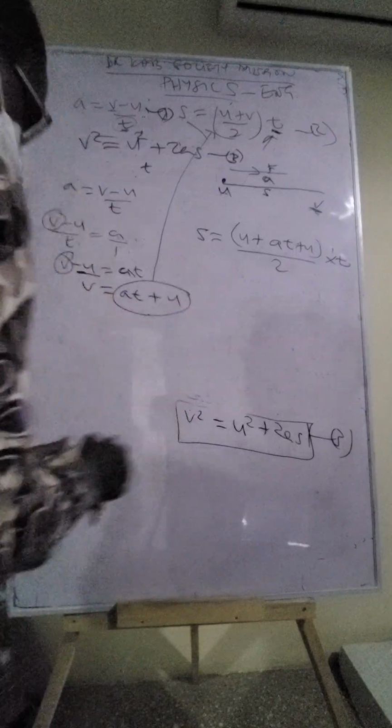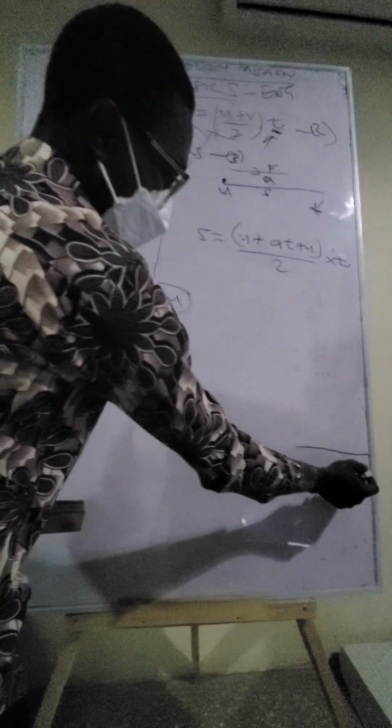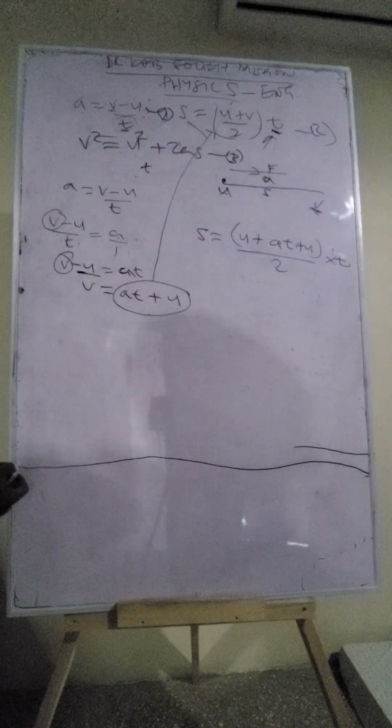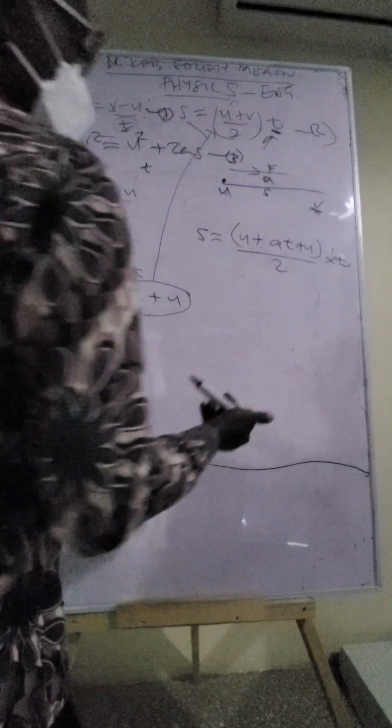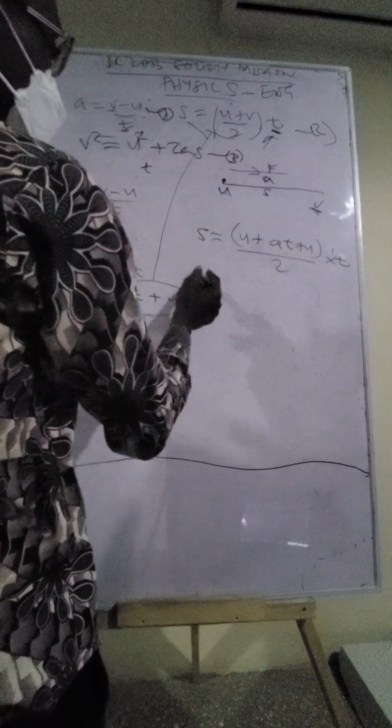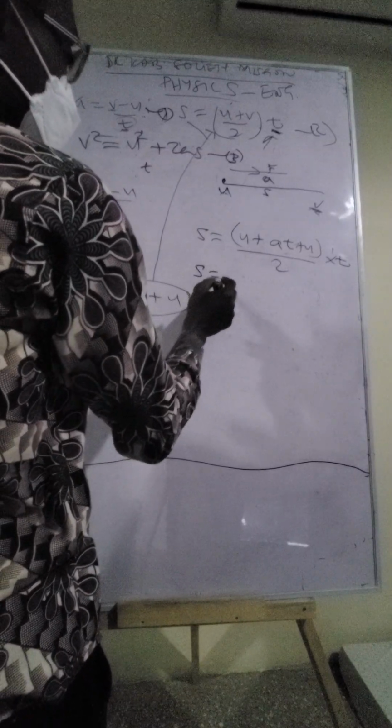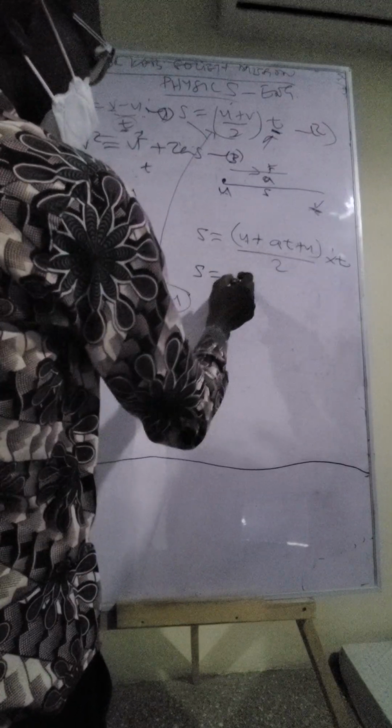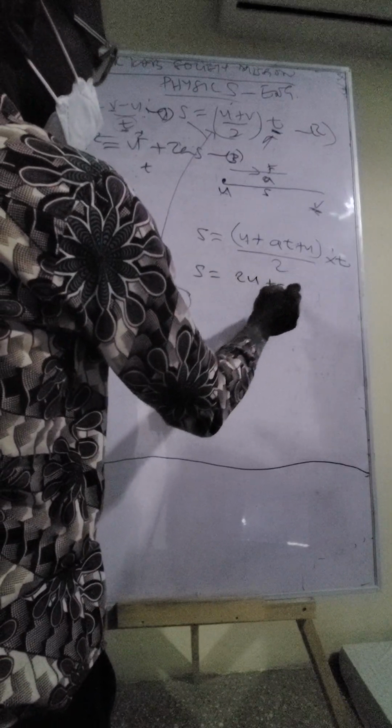So let's simplify this equation. s is going to be equal to u plus u, which is 2u, plus at, over 2, times t.